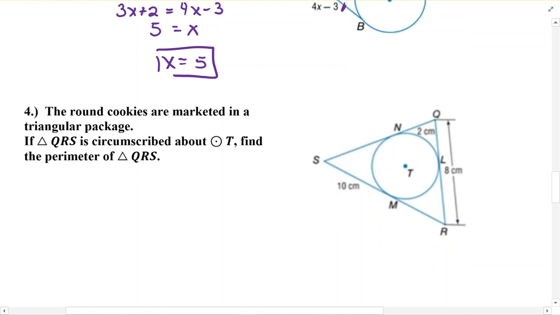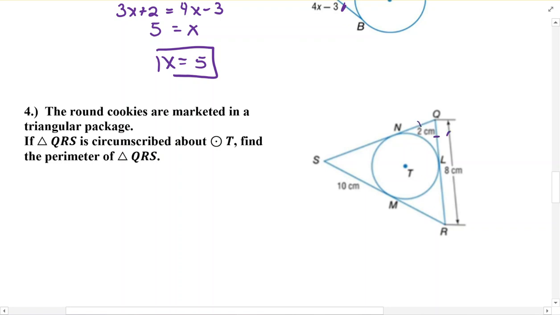For the final problem, we have that round cookies, which is circle T here, are marketed in a triangular package. So we're told that QRS is circumscribed about circle T, and we want to find the perimeter of QRS. Well, first of all, we know that QN and QL have to be congruent because they're both tangent.